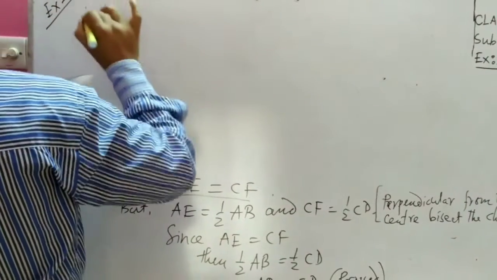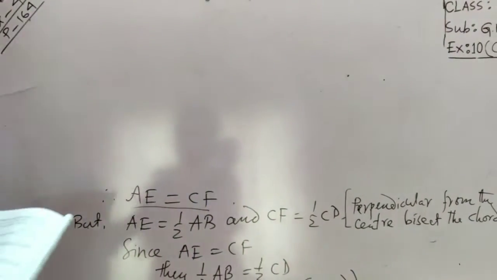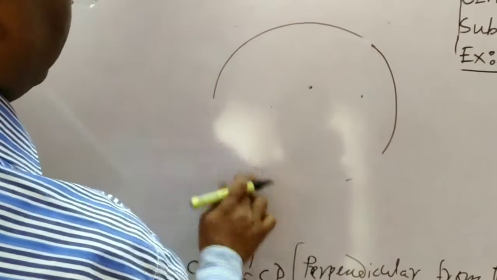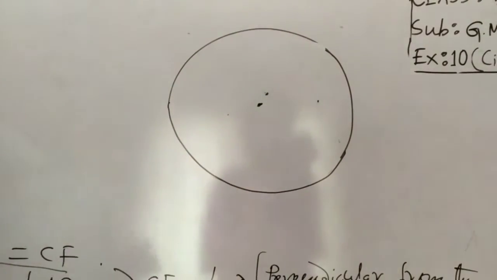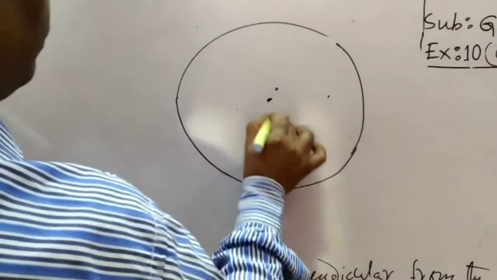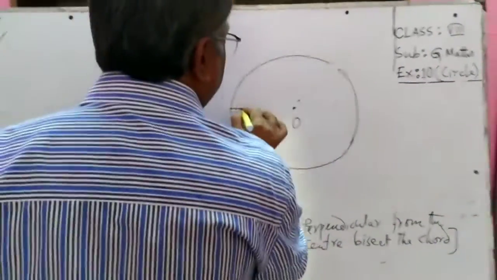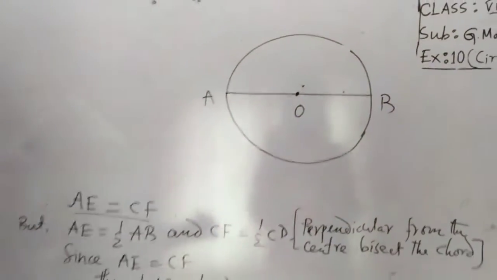Example 4, page 164. Simple example. The circle draw করলাম with center O. Example এর কোশ্চেনটা হচ্ছে prove that the diameter is the greatest chord of a circle. Here AB is the diameter.